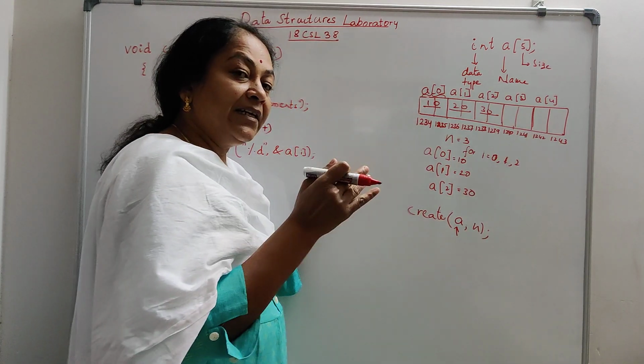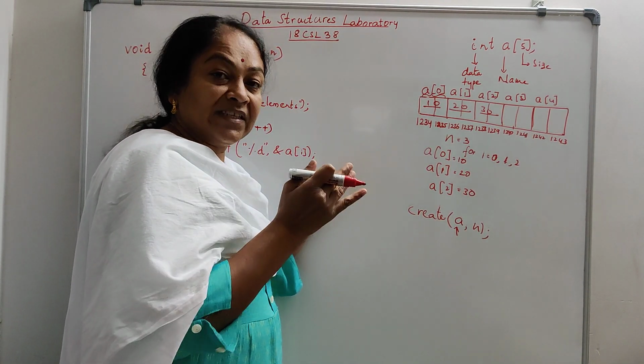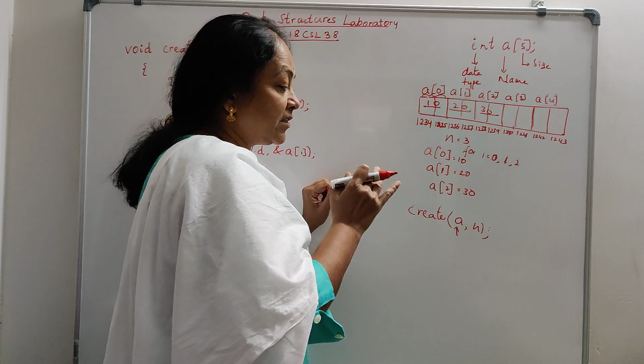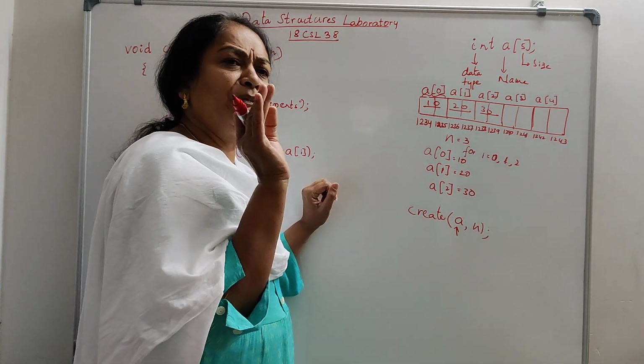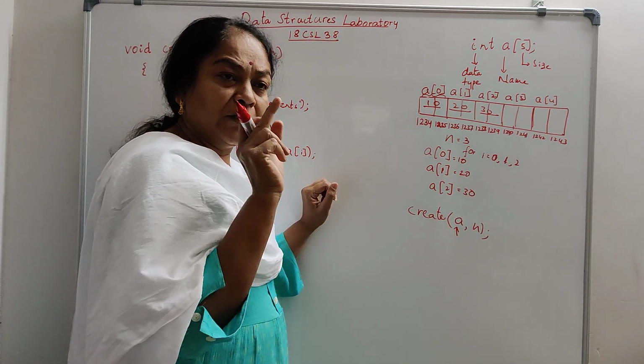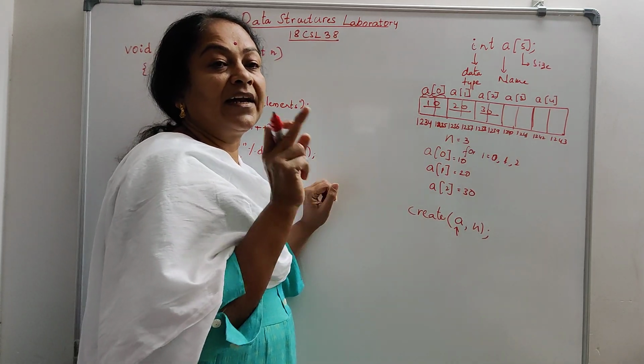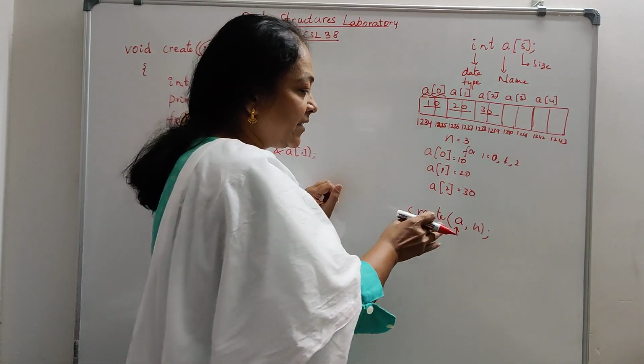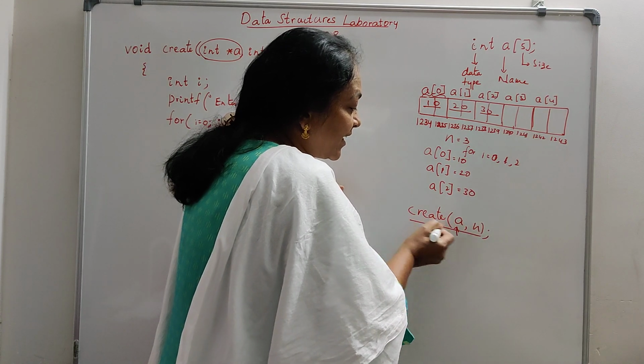So whenever you use arrays in function calls, it's always sufficient to just send the address of the array and how many elements there are in the array. That's why we write the function call like this.